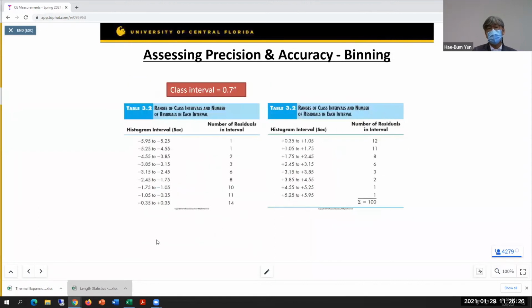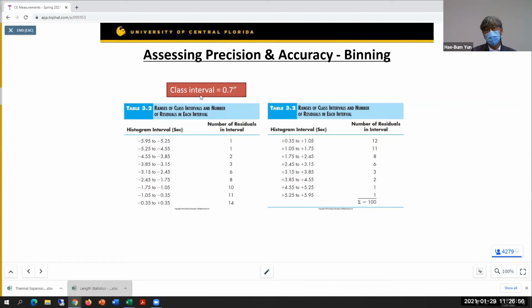To draw the histogram, the first thing you need to do is determine the bin size or the number of bins, right? There are two different methods to determine the bin size or the number of bins. The first method is to determine the class interval.